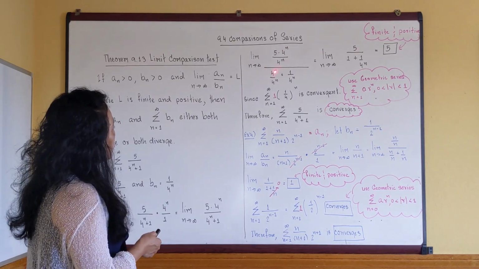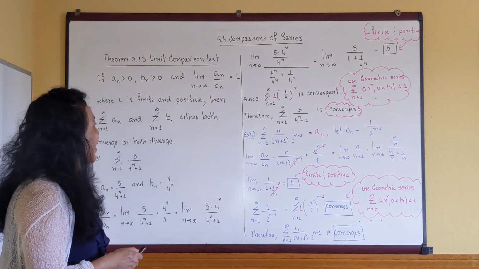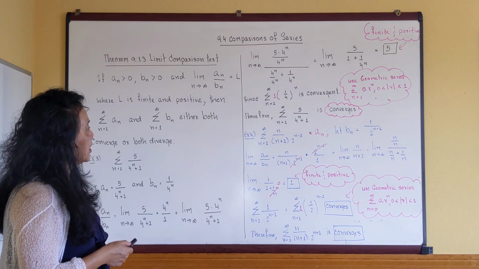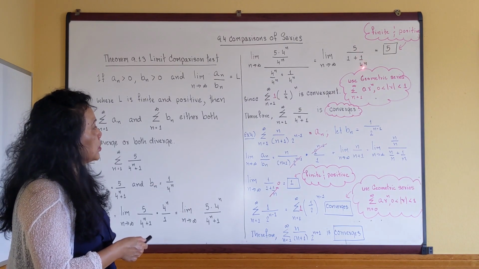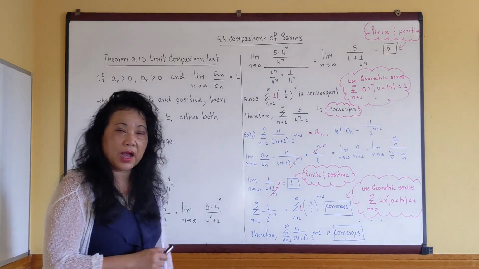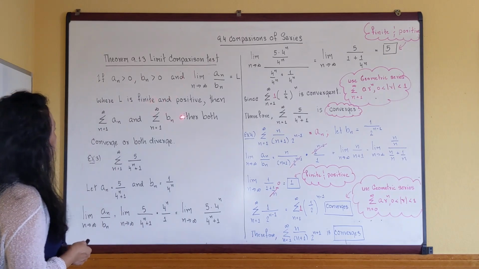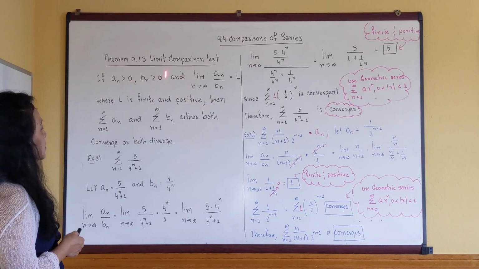In the denominator, the first term gives 1, and the second term is 1 over 4 to the n. As n goes to infinity, 1 over 4 to the n goes to 0, so this whole thing is 5. 5 is finite and positive, so it satisfies the condition from the theorem.